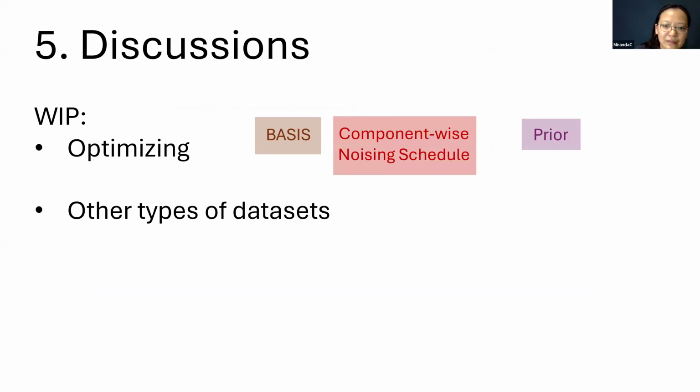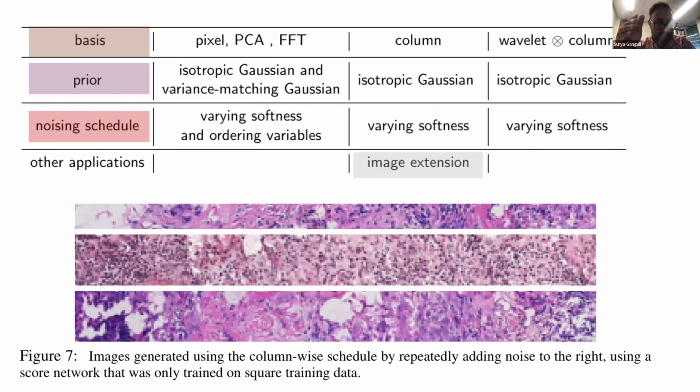Okay, so what we're thinking about working on is... Miranda, I had a question about the image extension. I think it's really cool that you can now interpolate between autoregressive generation and diffusion models. So I'm wondering if you can make the image extension results look better compared to purely diffusion models. You can do, for example, image infilling, where you just specify the left edge of the image, let the diffusion model condition on the left edge and fill out the rest of it.